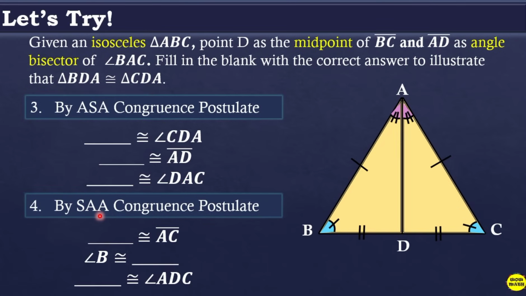Next. So, I'm giving you time to answer. Okay, pwede nyo i-pause yung video kung hindi pa enough yung time. Okay, so we have angle BDA, AD, angle DAB. And then we have segment AB, angle C, and angle ADB.